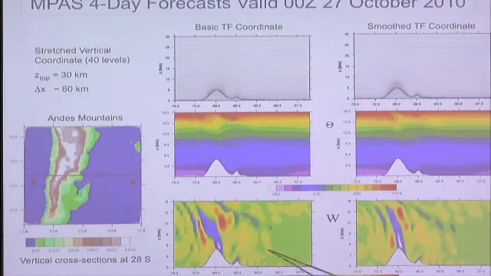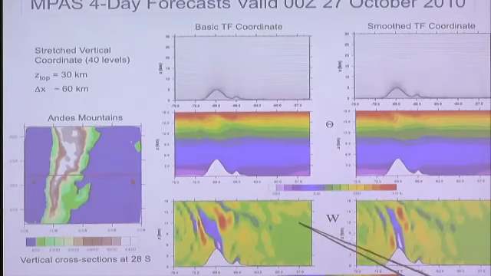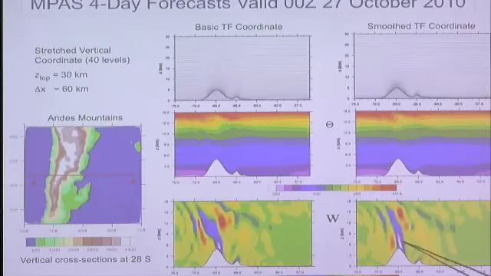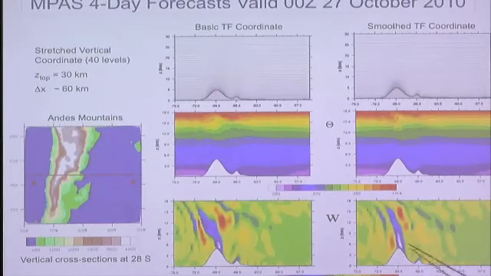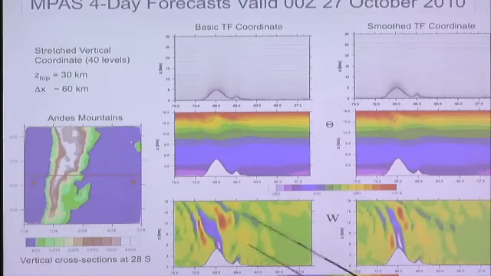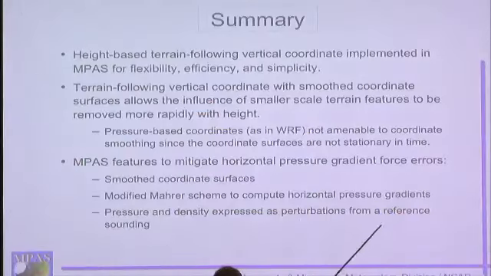You can see this is what the vertical velocity cross-section looks like in the basic terrain following coordinate and our smooth coordinate. To me, this looks more like what we would expect or want to see the wave structure look like above this terrain. But again, we don't have a quantitatively right answer.